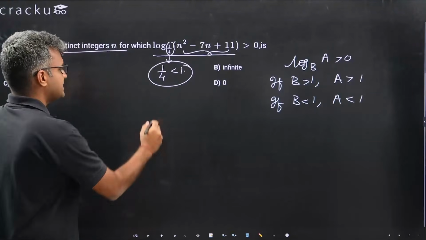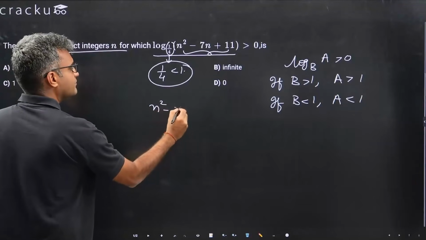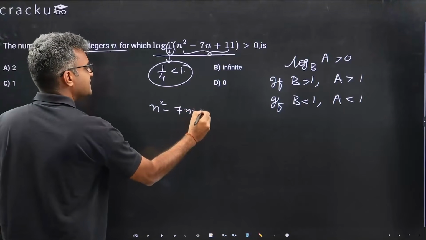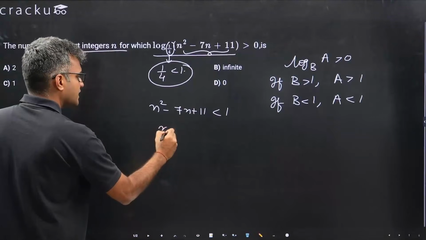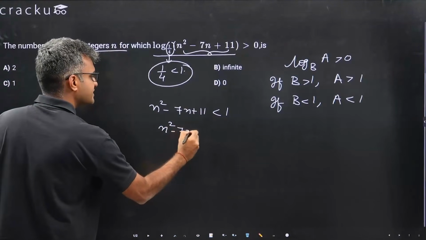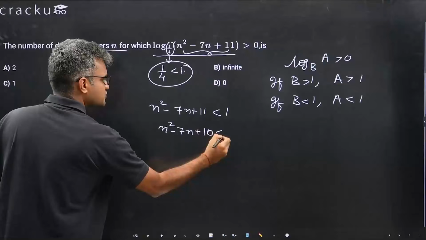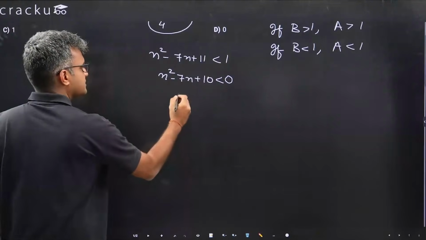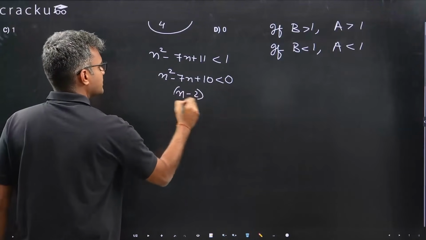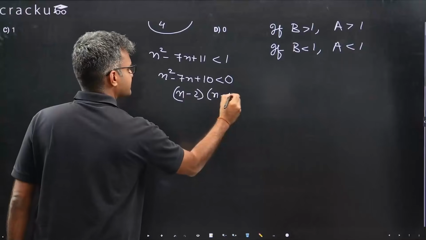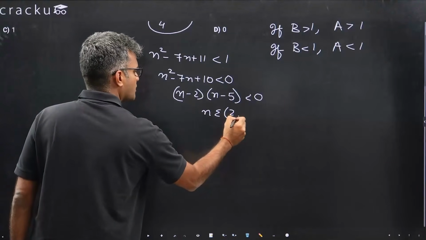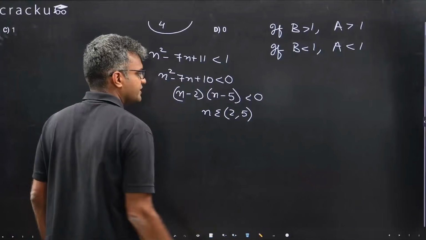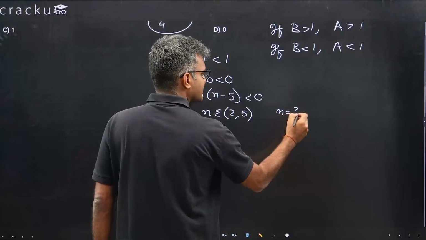So this would imply that n square minus 7n plus 11 has to be less than 1, or n square minus 7n plus 10 has to be less than 0. This is n minus 2 into n minus 5 has to be less than 0. So n has to belong to 2, 5. We are only looking for integers. So the value of n will be either 3 or 4.